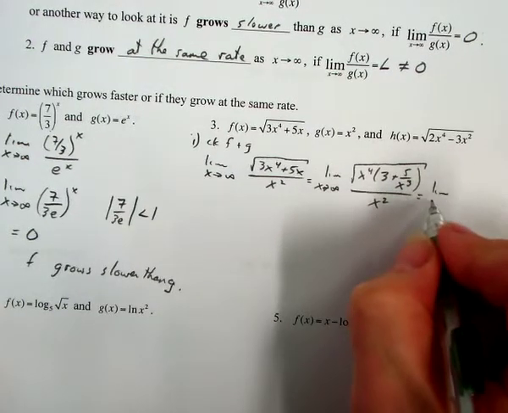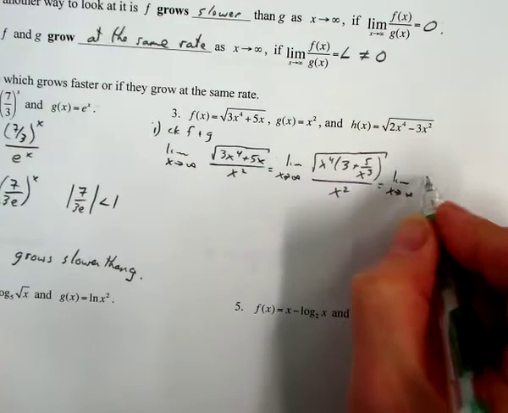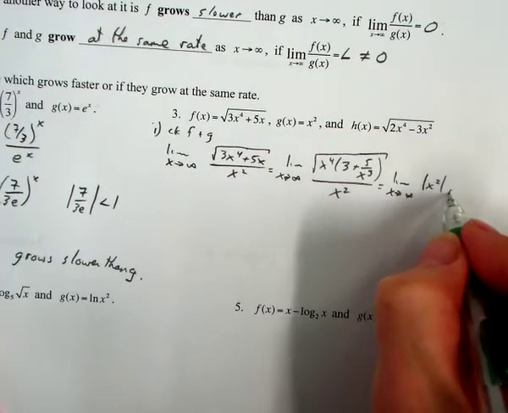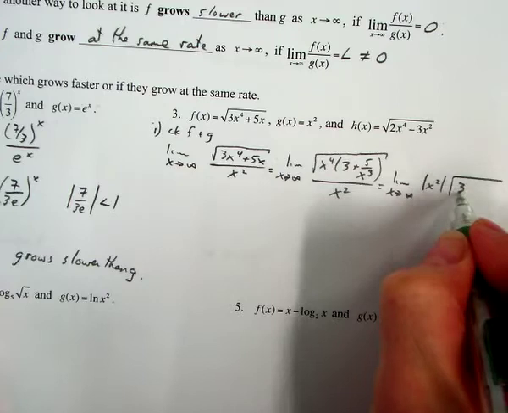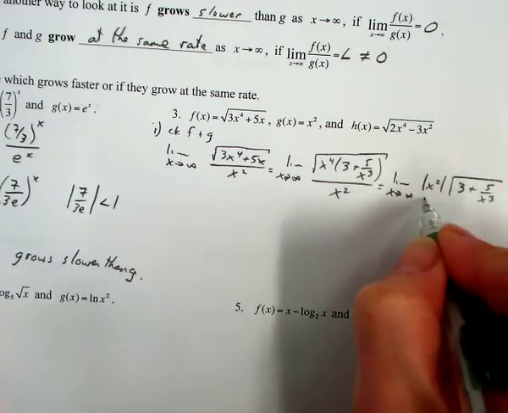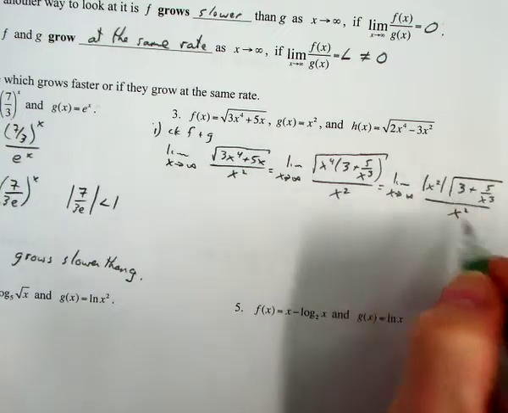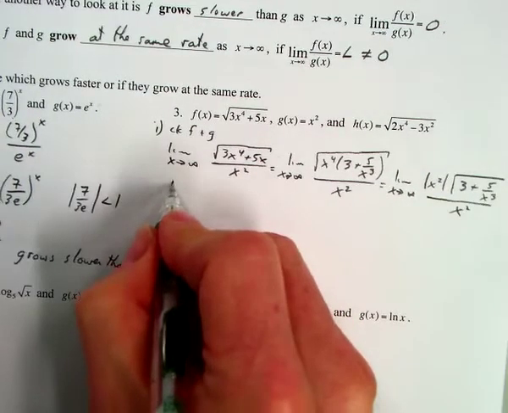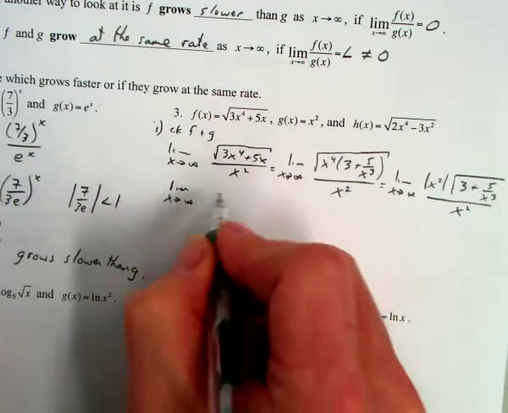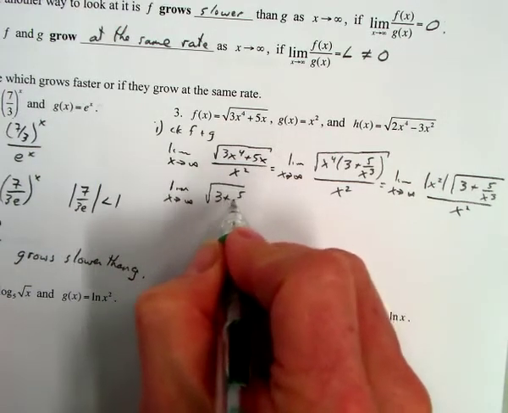Take it out. We get limit as x goes to infinity of the absolute value of x squared, but does the absolute value have any effect on that? Nope. Since x squared is always positive anyways, and we can reduce those to get the limit as x goes to infinity of the square root of 3 plus 5 over x cubed.